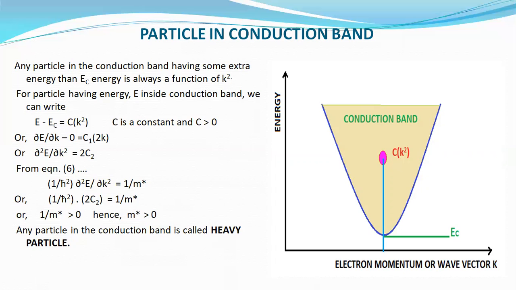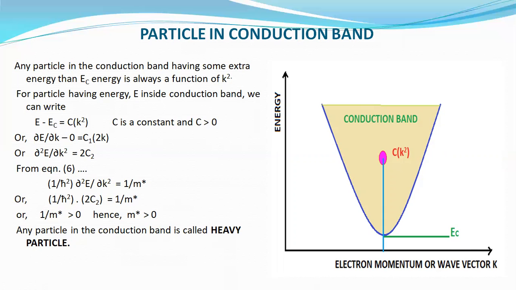So we can write E minus EC is equal to C of k square. So E is also a function of k square, and C is also a function of k square. EC is some constant energy point inside the conduction band.